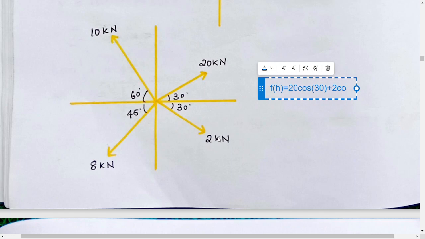Actually we don't need, we'll put this kilo in the after part. Okay, then only our problem will be simple, or else it will be a lot of math. There will be a lot of zeros.